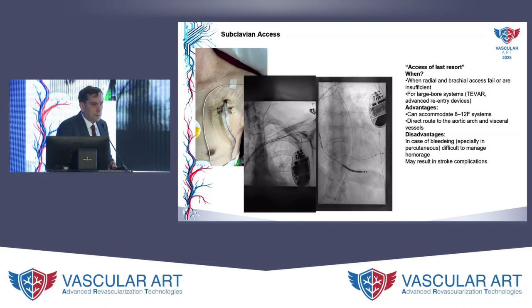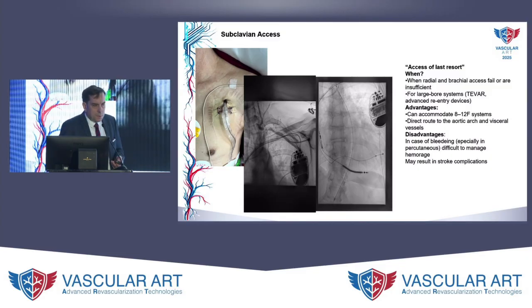And subclavian access. This is the last resort access. There are two ways. The first way is open surgery, but we found out that under ultrasound guidance, it is possible to use up to 10 French sheaths in the subclavian. This is a case with intra-aortic balloon pump insertion.